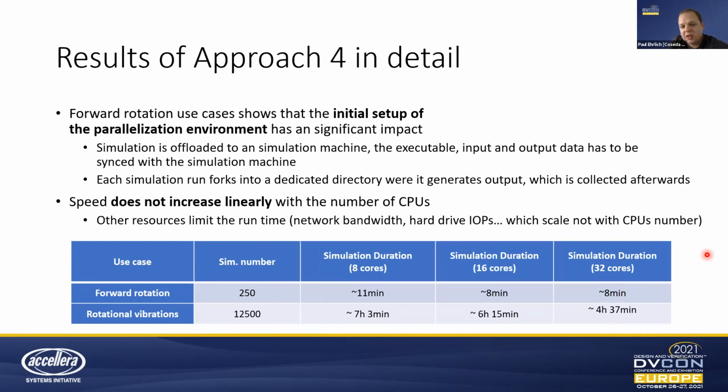And we looked deeper into why it is not scaling anymore, and we figured out different things where this happens. The simulation offloading via LSF to the server farm is taking a constant time. It also does the configuration and copying of the parameter files and result files back and forth between the servers.